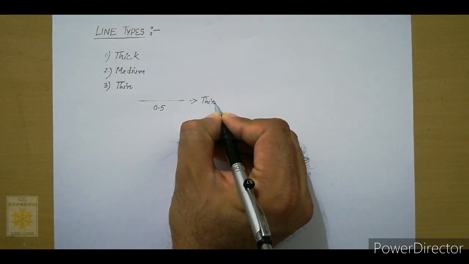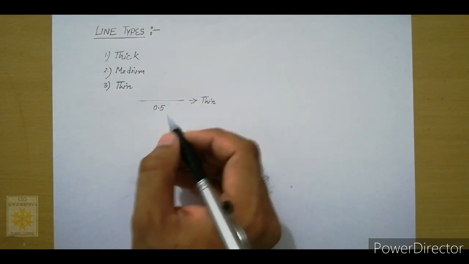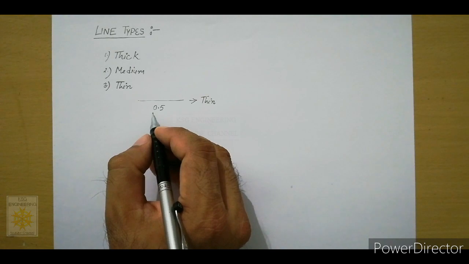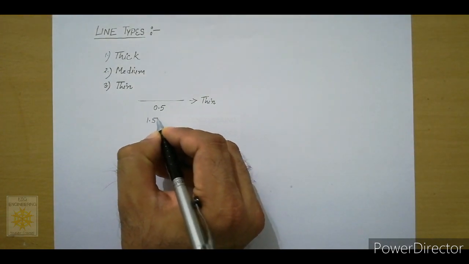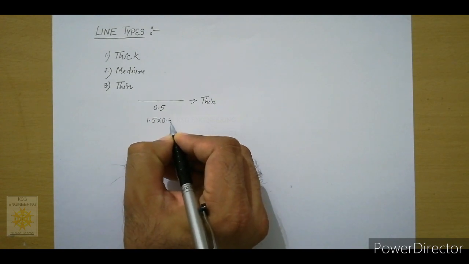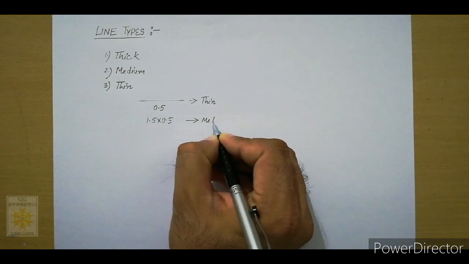So we learned in the lecture that if we have to draw a medium line, then I have to increase the thickness of thin line by 1.5 times. So that will become the thickness of medium line.